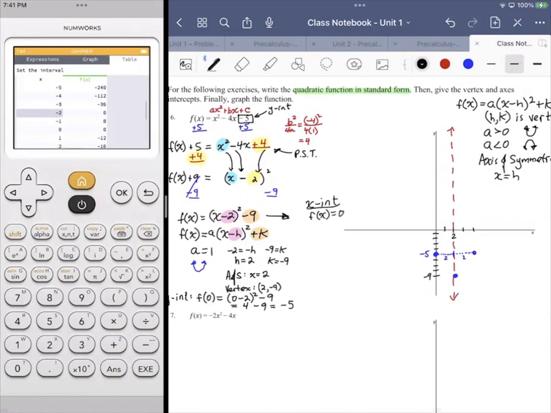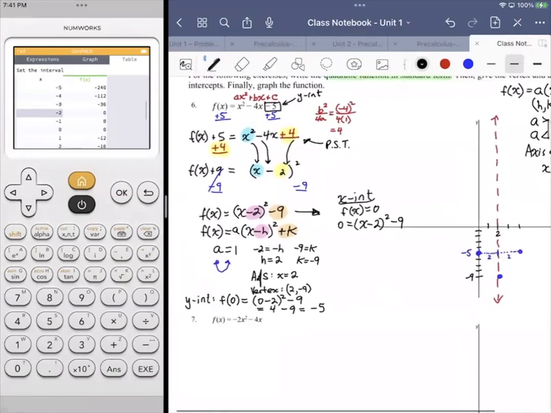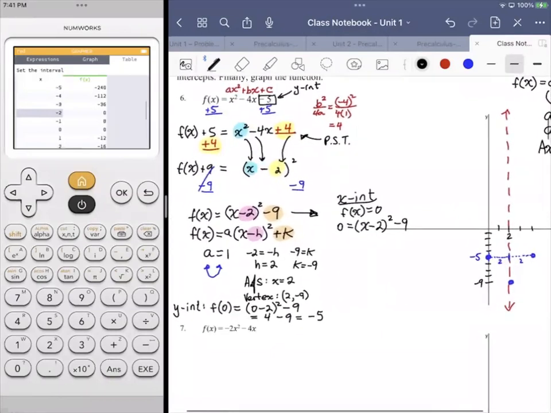So you could take advantage of the work that you already did. So you can make this 0 equals x minus 2 squared minus 9. Then solve for the power of 2. So I'd add 9 to both sides.